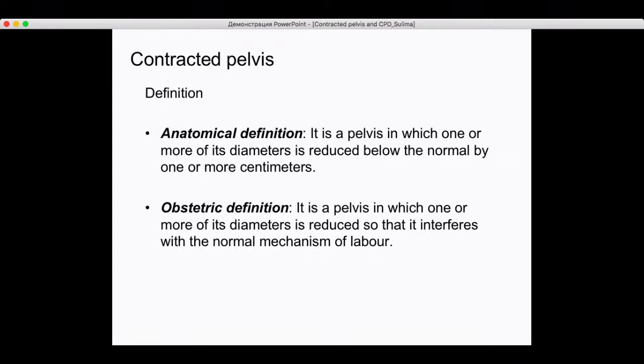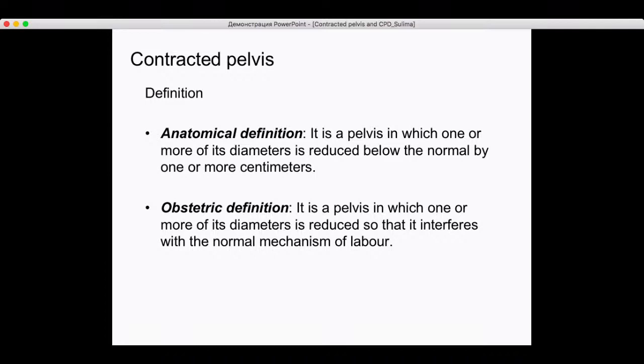If you do pelvimetry and find that diameters are decreased by 1 or more centimeters, you have a contracted pelvis.